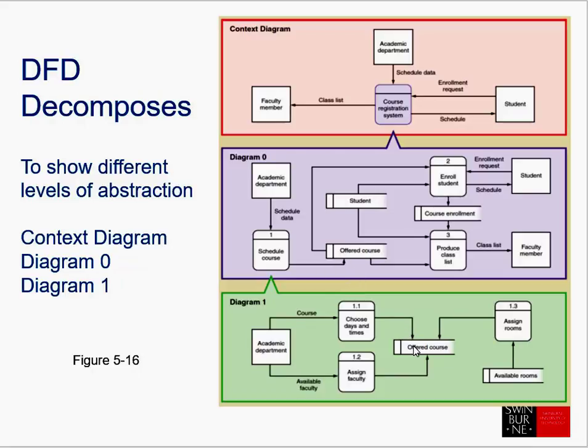Then the availability of staff detail goes to the assign faculty sub use case, and that is also recorded in offered courses. So that means this particular use case contains three subroutines, right? Choosing days and times, assigning the faculty, and assigning the rooms.